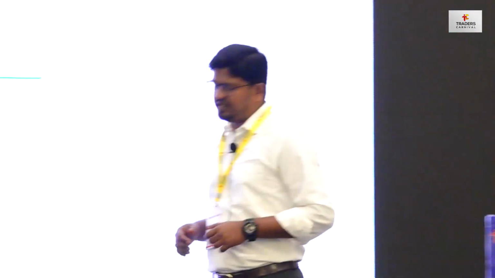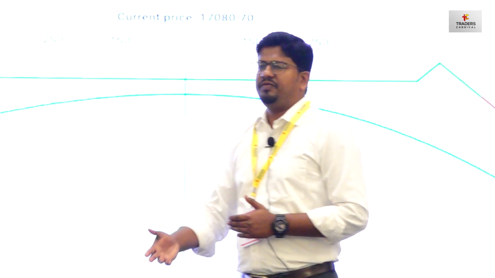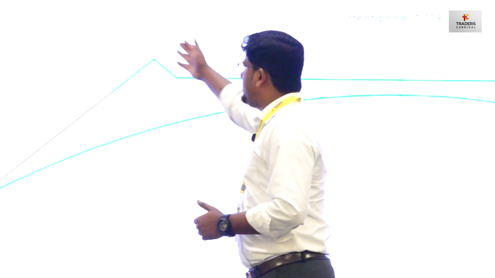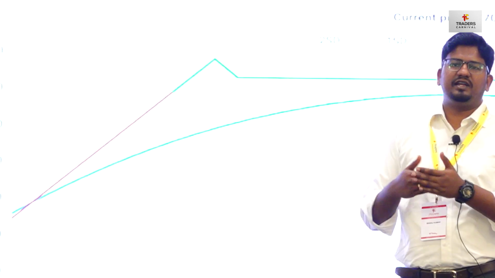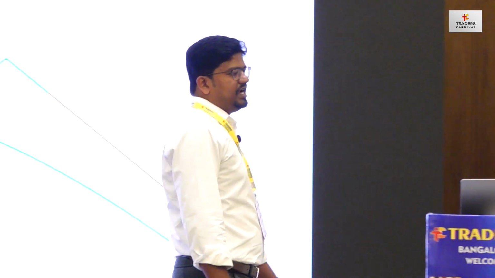You have to do some adjustment only if market comes to 18,100. If market comes to 18,100, what you have to do? Buy one more lot of CE so that it will become 2 lot CE by 2 lot CE sell. It will get managed.